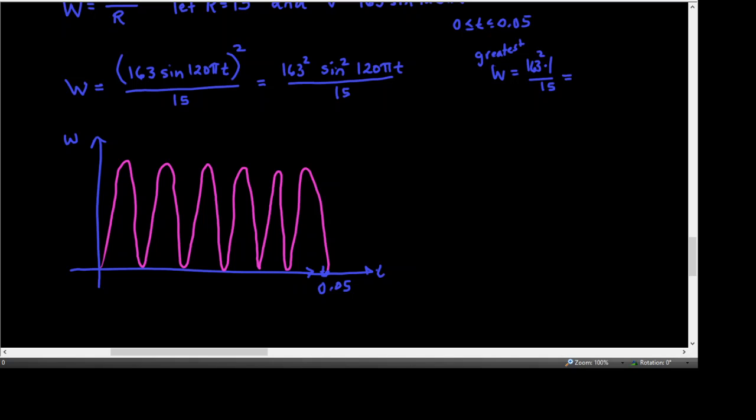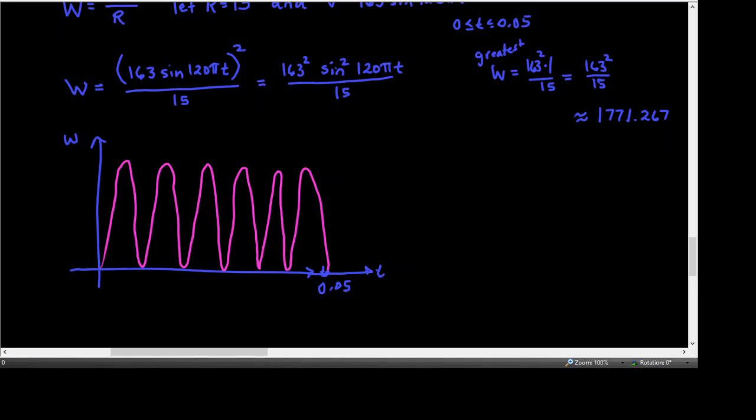So that's 163 squared over 15, which, if you need a decimal form, is about 1771.267.